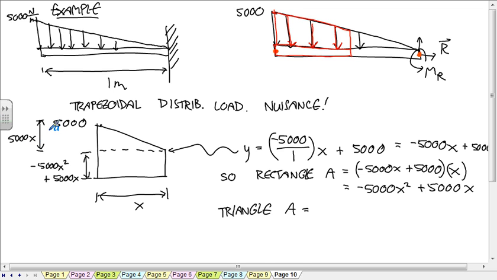And so the triangle area is 5,000x times x divided by 2. And so you get 2,500 x squared.